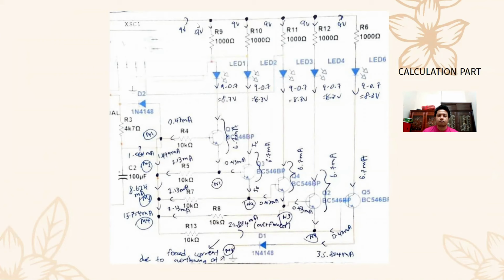So it will go through R6 first, which is connected in series with the ground, and then it will pass with the delayed current to LED 4, LED 3, LED 2, and LED 1, and it will reset again to create the sequential LED.